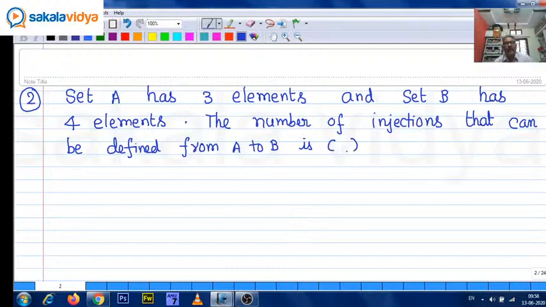Set A has 3 elements and set B has 4 elements. The number of injections means one-to-one functions, that can be defined from A to B, that we need to find out.